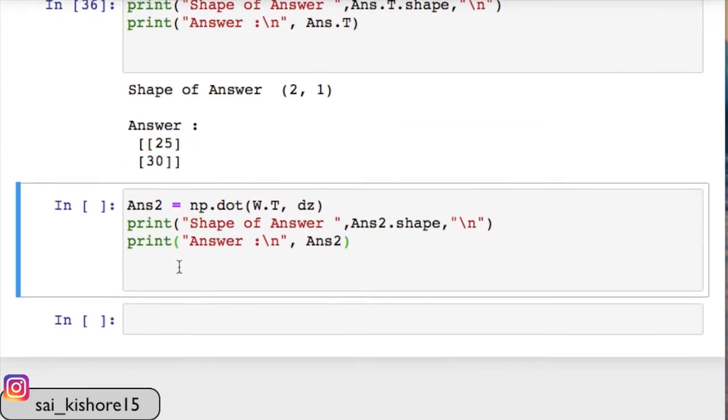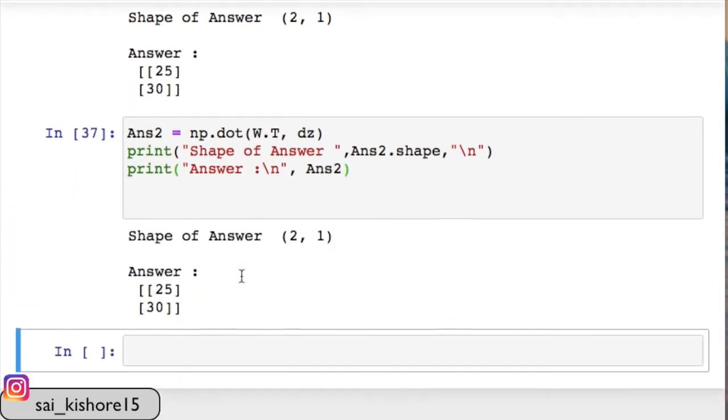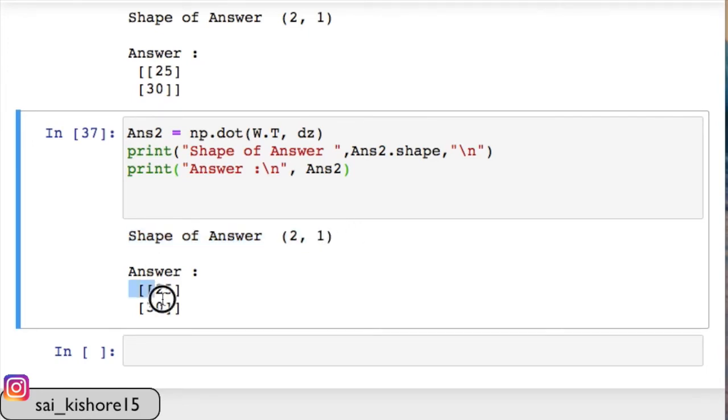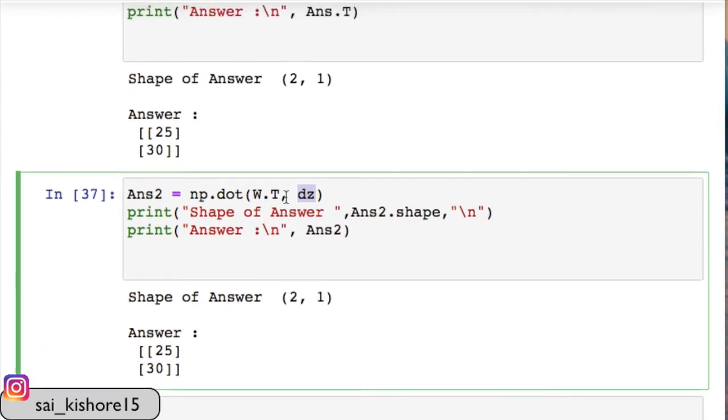And this is the other method, the alternate method. And this is the commonly used formula. So this computes the same thing. What this formula does is it transposes W, and then it does matrix multiplication with the DZ matrix.